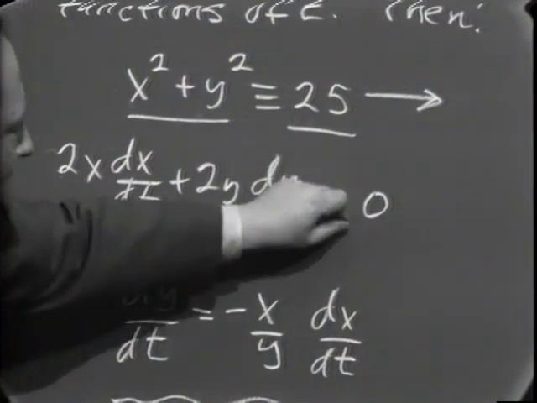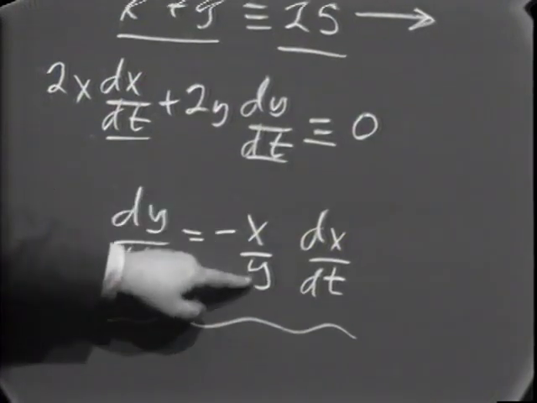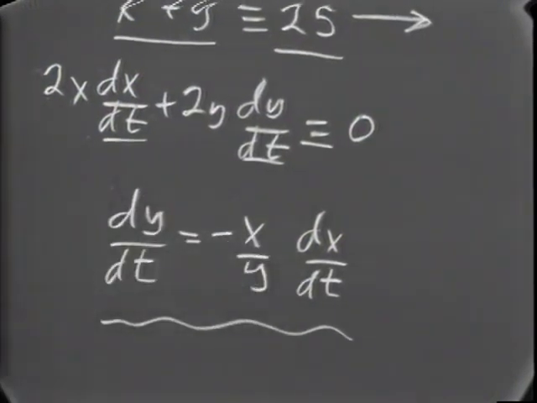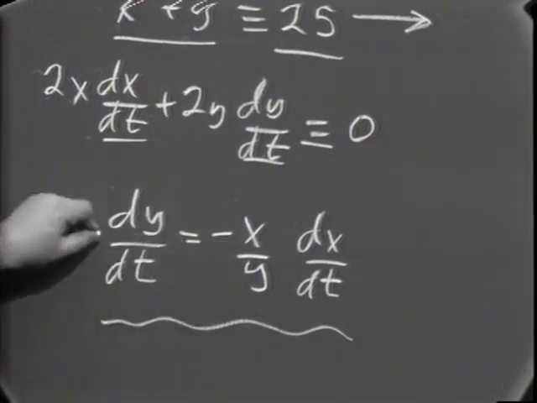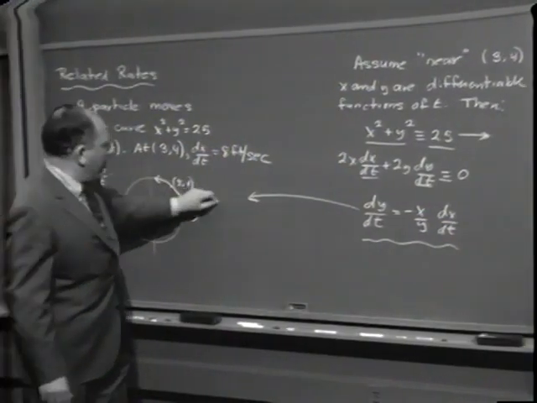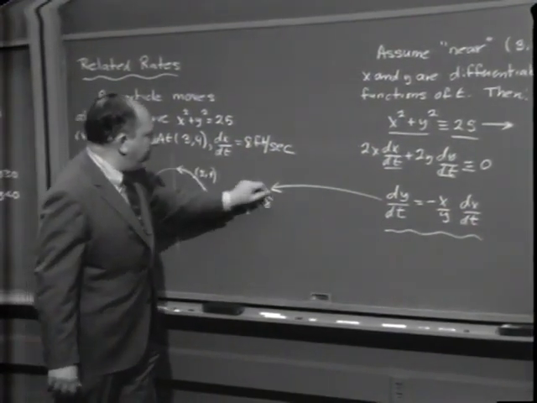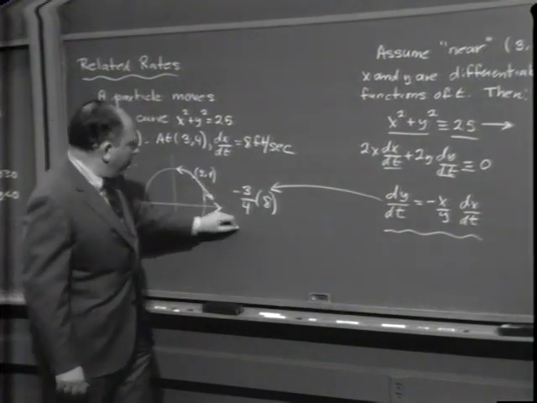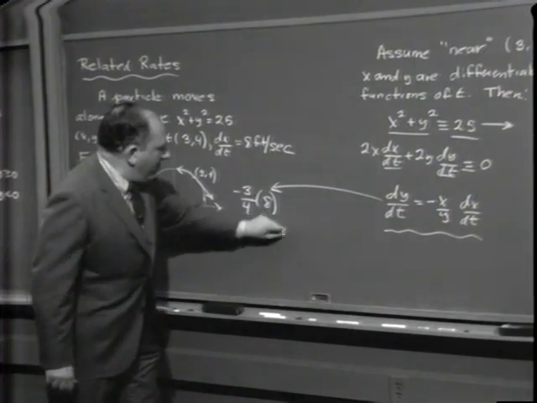From this identity, we can conclude that dy/dt is minus x over y times dx/dt. And now, to polish off our particular problem, we're interested in what? When x was 3, y was 4, and dx/dt is 8. In other words, I find out from this that dy/dt is minus 6 feet per second.